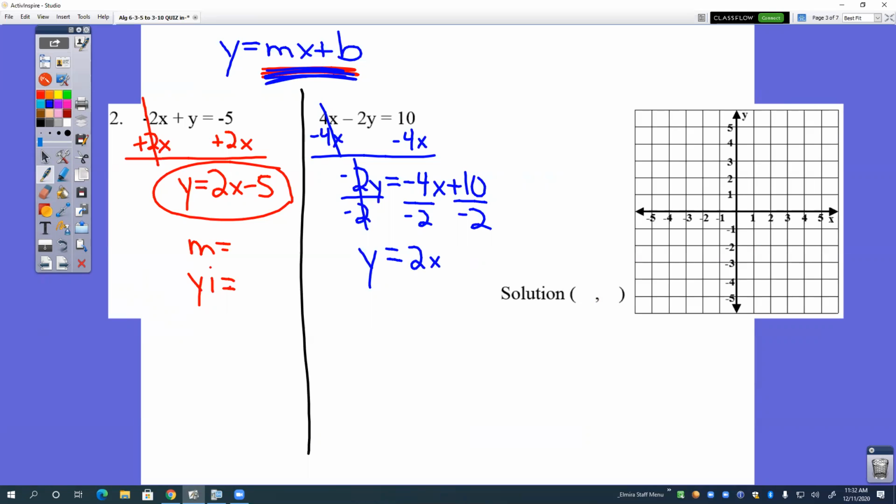And then 10 divided by -2 is a -5. So now that we rearranged them for y equals, I want you to find the slope, find the y-intercepts, graph your two lines, and see where they cross. Go ahead and finish up number 2, please.